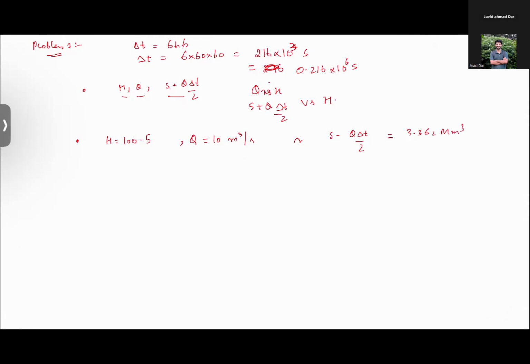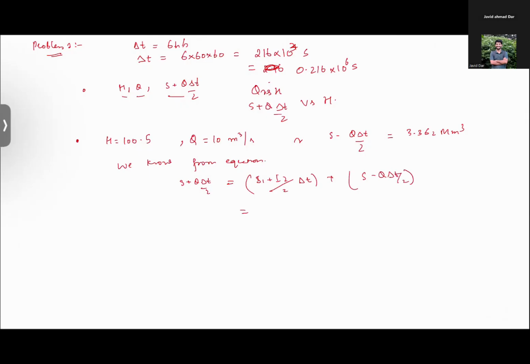So we know from the equation, s plus q delta t divided by 2 is equal to I1 plus I2 divided by 2 into delta t plus s minus q delta t divided by 2.